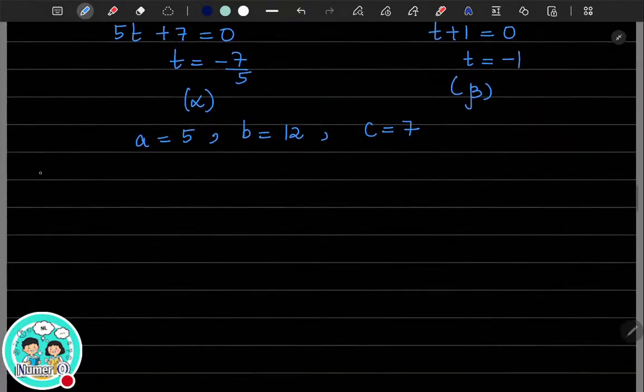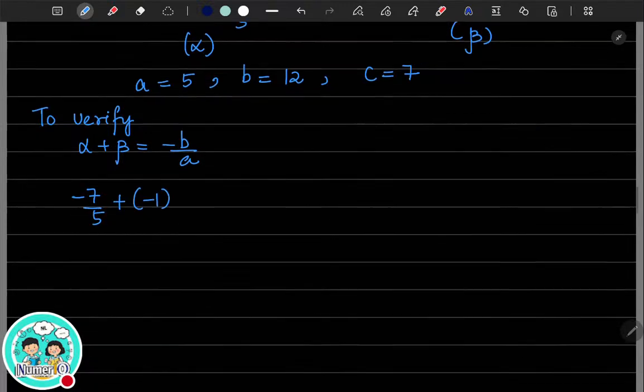Now let's verify it. So to verify, alpha plus beta equal to minus b by a. What is alpha? Minus 7 by 5 plus what is beta? Minus 1. So let's get minus 7 by 5 minus 1, right? So the LCM is 5.